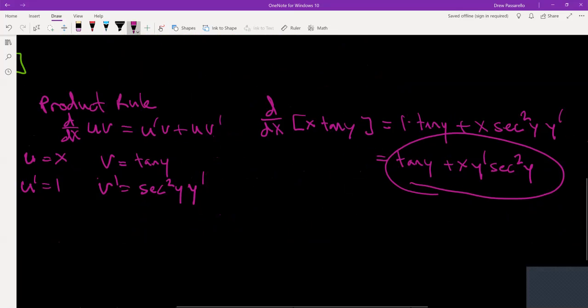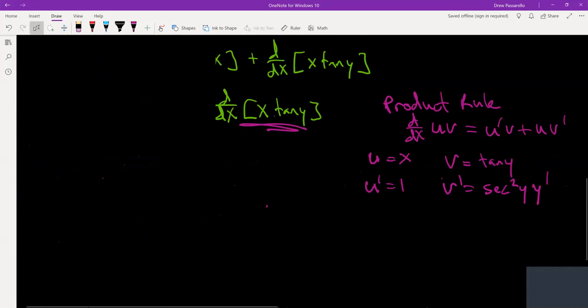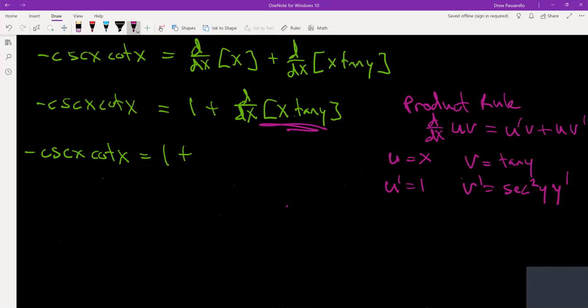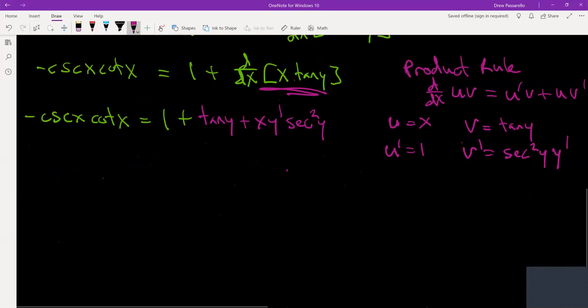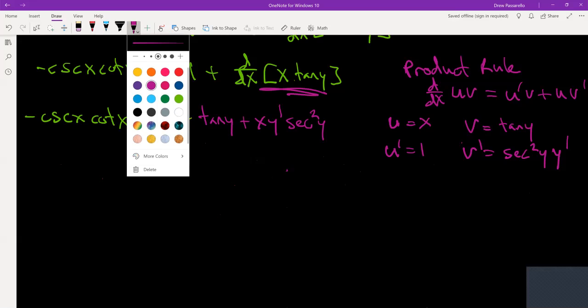That was what I circled over here. All right, and that's what we get. And remember the goal here: now we've taken the derivative, now the goal is to get y prime by itself.